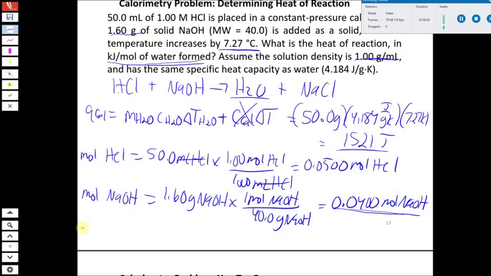So then finally our delta H is going to be heat of reaction divided by moles of water that form, which is equal to the negative heat for the calorimeter, Qcal, divided by moles of water. As we said, the heat for the calorimeter is 1521 joules. So we're going to put that in as minus 1521 for the heat of reaction.